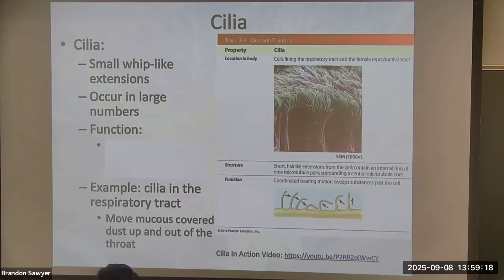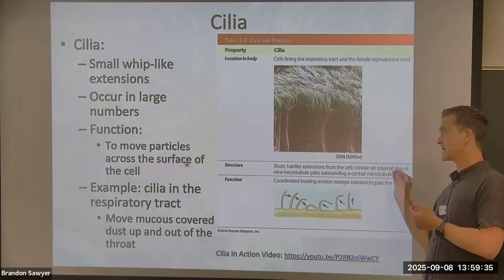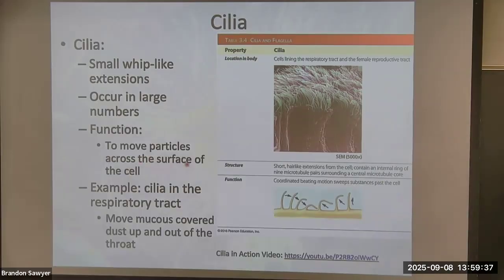So then we can cough it up and spit it out or swallow it into our digestive tract so we can get rid of it, right? So it doesn't embed itself into our respiratory tract. So that's really the function of the cilia, to move the particles across the surface of the cell. When we're specifically talking about our respiratory tract, we're trying to get things out of the respiratory tract back up towards our mouth. So yeah.